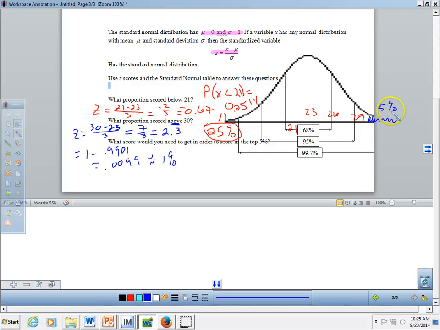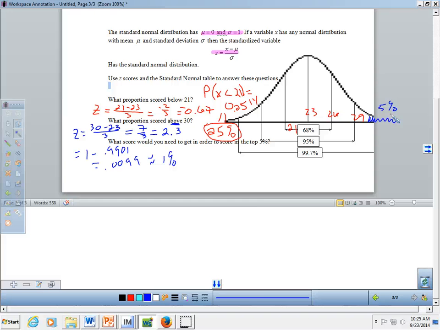Since we're working in the standard normal curve, we can find what z-score corresponds to 5% of the z-scores being bigger than it, and then take that z-score and work our way backwards into the actual score. Convert back to our test taker distribution. So how do we do that?